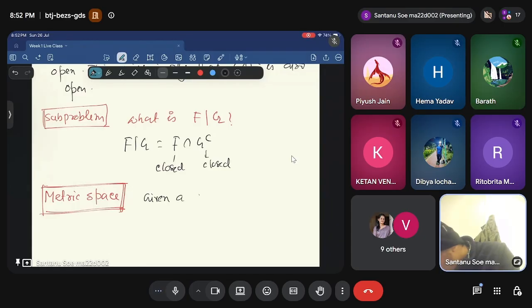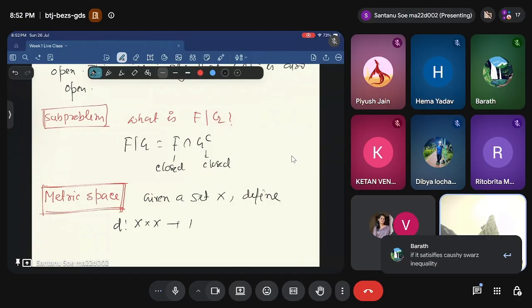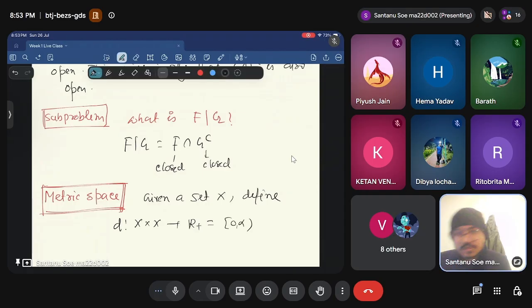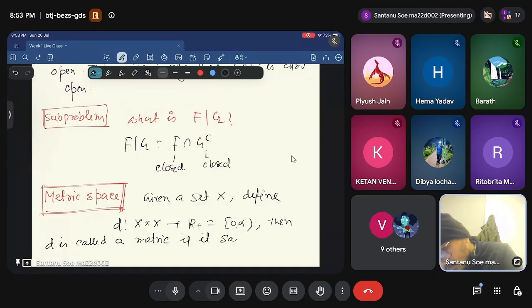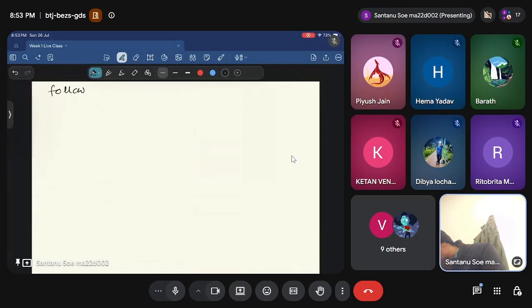Given a set X, define d from X cross X to R positive, that is the closed interval 0 to infinity. Then d is called a metric if it satisfies the following conditions.